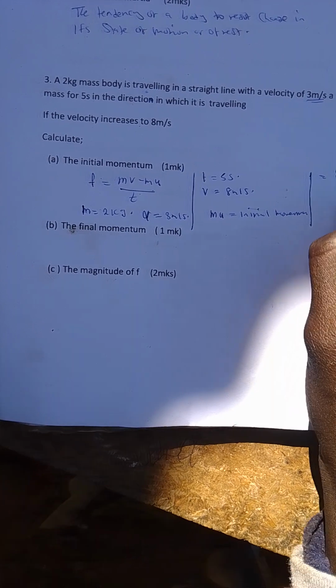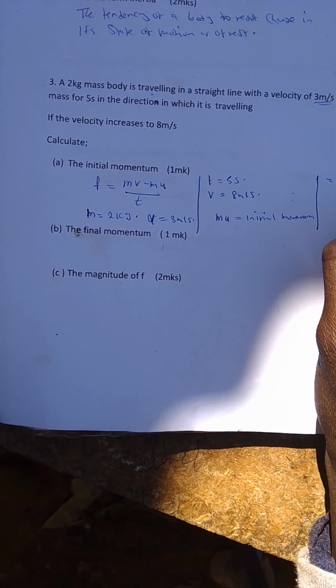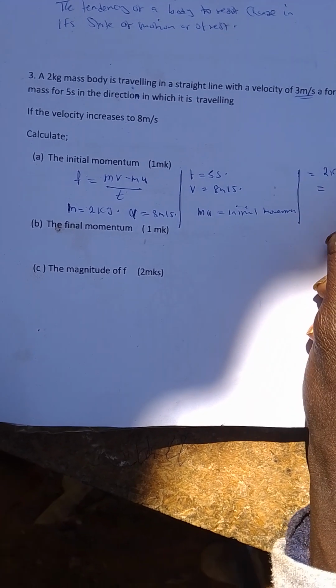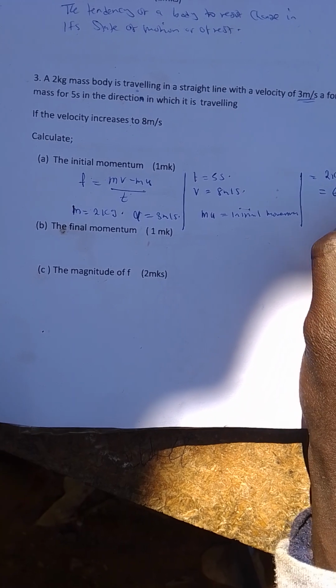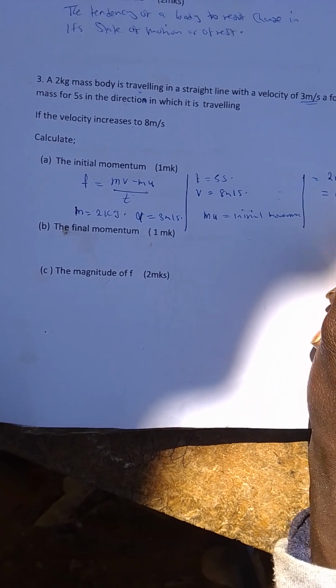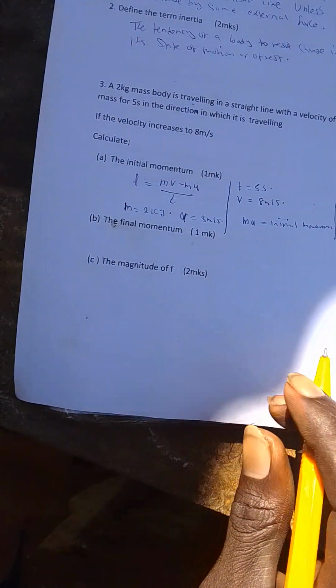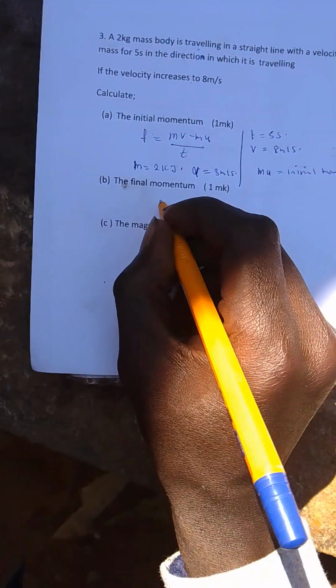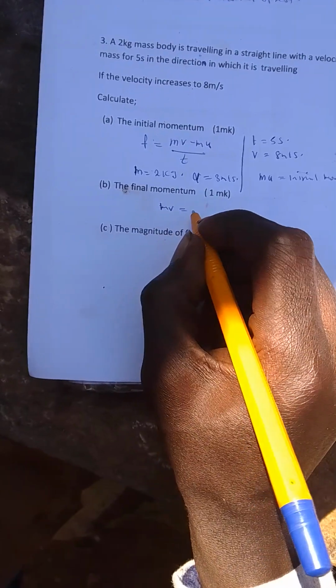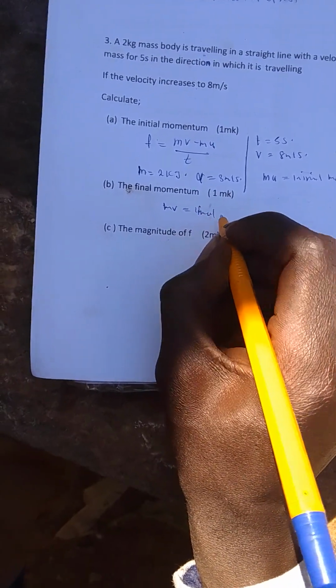So the initial momentum should be 2 times 3, that is 6 kilogram meters per second. That is the initial momentum. Then the final momentum, that is mv, which is the final momentum.